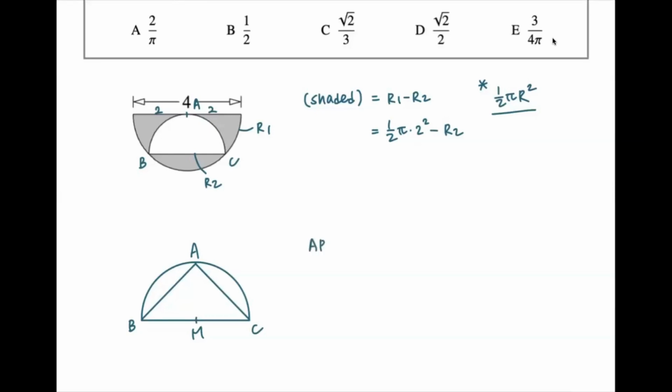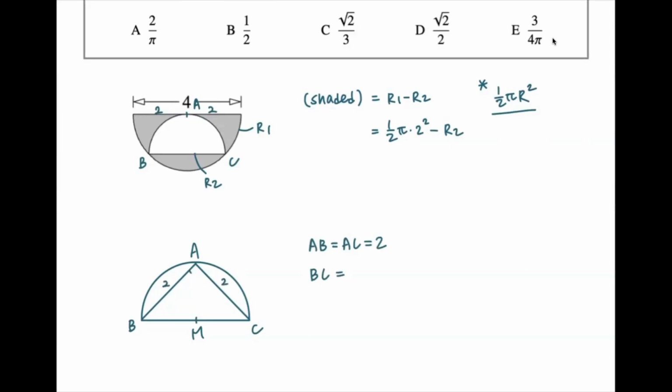We know that AB and AC are both equal to 2, because it's the radius of R1. However, we don't know the length of BC. Let's try using Pythagoras. It's here, 2 and 2.